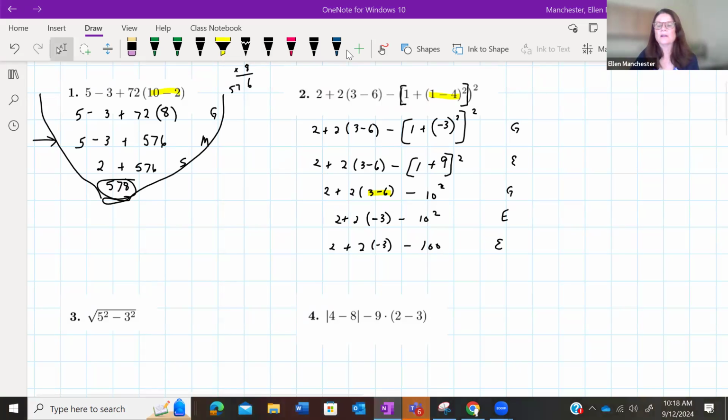Oh, that's okay, you're here. Glad you're here. All right, what's next? Then you're going to jump in the middle. So you can see it's completely okay to jump around. You have to focus in on the correct order. So 2 times -3 is -6.